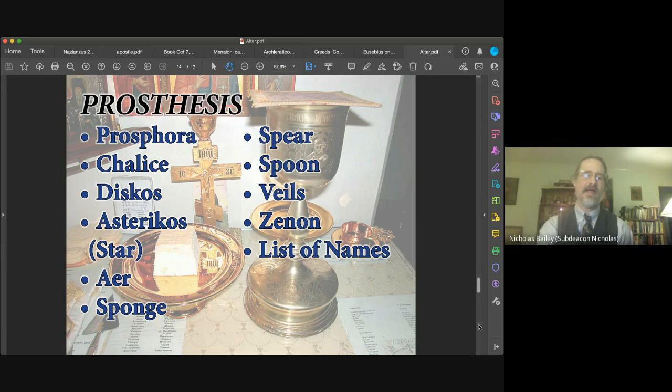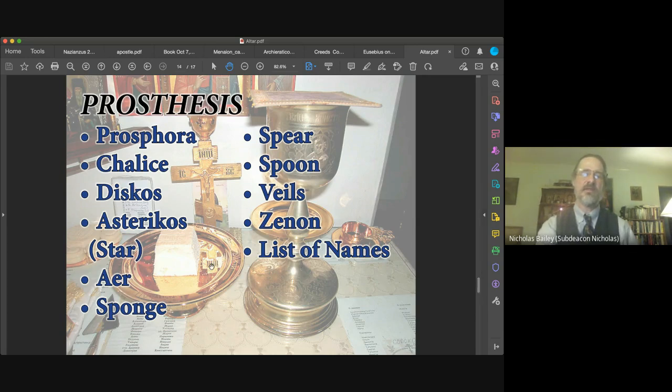He'll have the loaf of bread. In some cases, it's one large loaf. In some traditions, it's five loaves, like the blessing of the five loaves. Either one is appropriate. You'll have the chalice, the discos here.